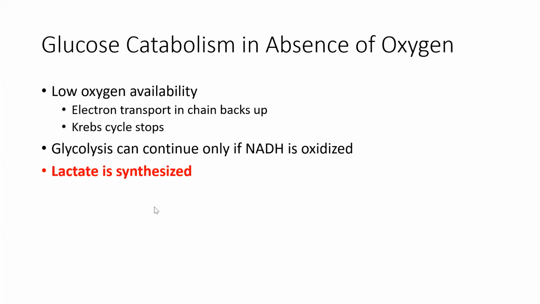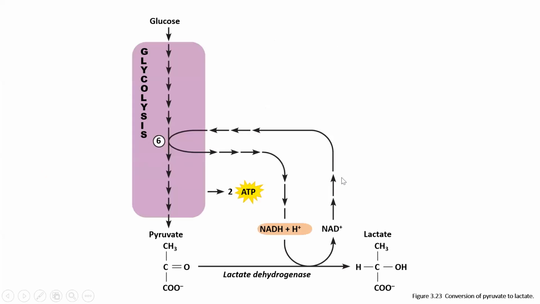Now, as a price to pay or a byproduct of this process, we then synthesize lactate. And lactate is a small pathway. Let's actually go here. There we go. This small pathway is where we can shuttle pyruvate via the enzyme lactate dehydrogenase to create lactate.